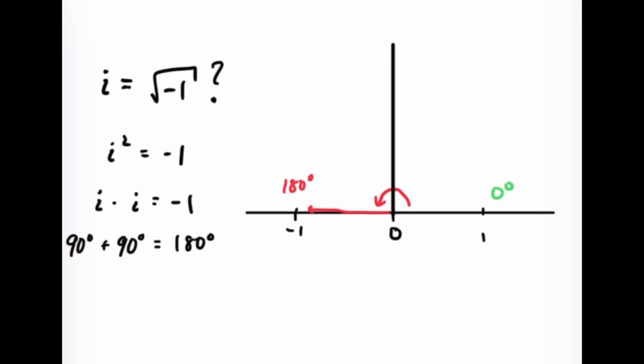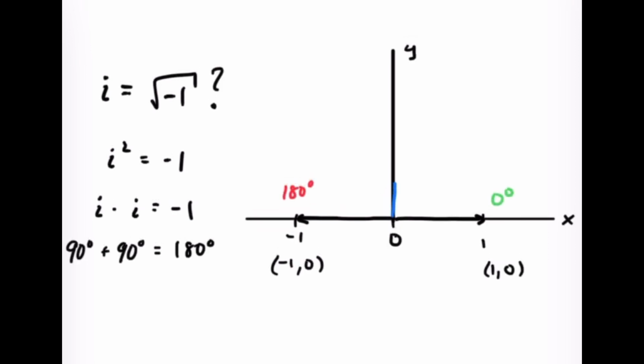So in terms of the number line from earlier, with an added y-axis, our points of 1 and -1 now become vectors, ending on points (1, 0) and (-1, 0) respectively. Knowing now that i has an angle value of 90 degrees, we can plot i as a vector on our axis, ending at point (0, 1).